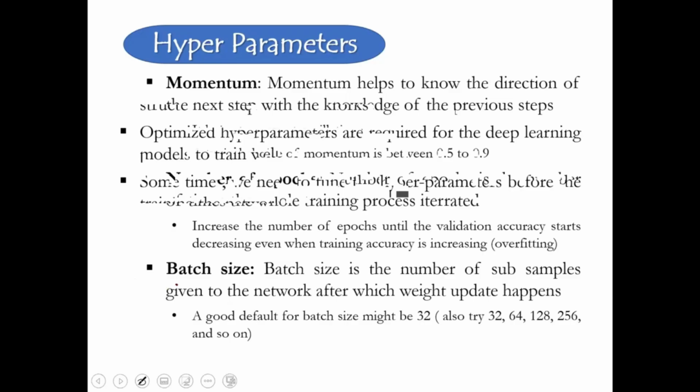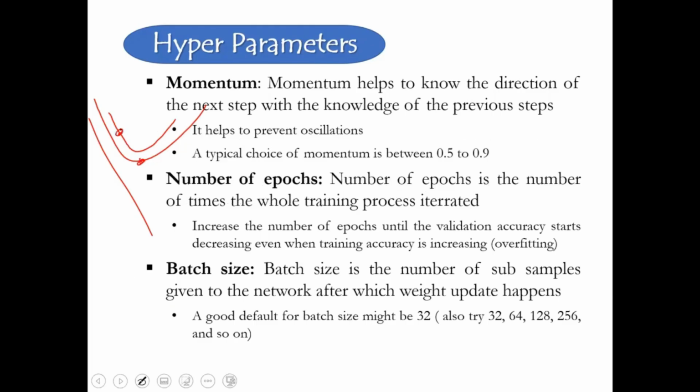Then there is one term, that is momentum. Whenever we are optimizing the weights, the network parameters are optimized, like suppose this point is the optimum. So suppose for a particular weight configuration, it is here, and for some other weight configuration, it will go there.